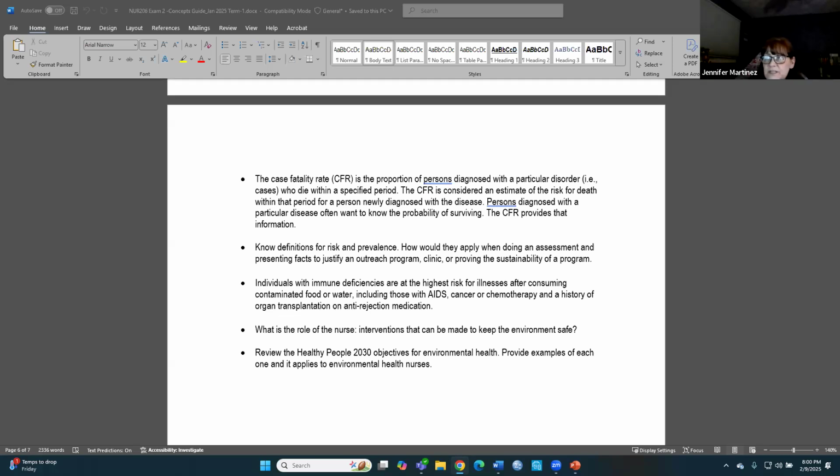Persons diagnosed with a particular disease often want to know what their probability of survival is. It isn't an exact science, right? It's usually just an estimate. And then risk and prevalence. So what is risk?